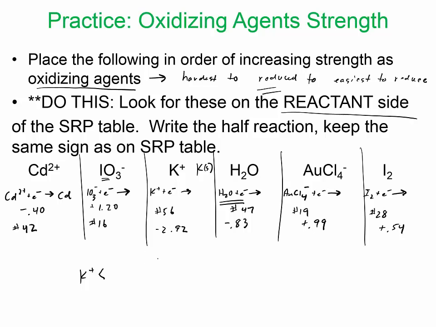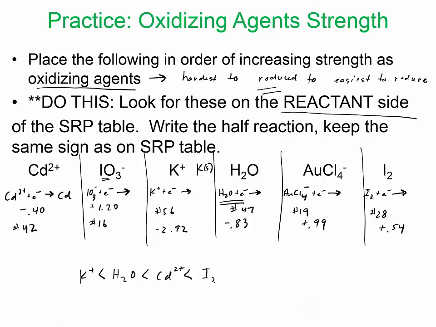So K+ is the weakest, then H2O is a little bit better than that one. And then Cd2+, so I'm just going in order of the voltages.